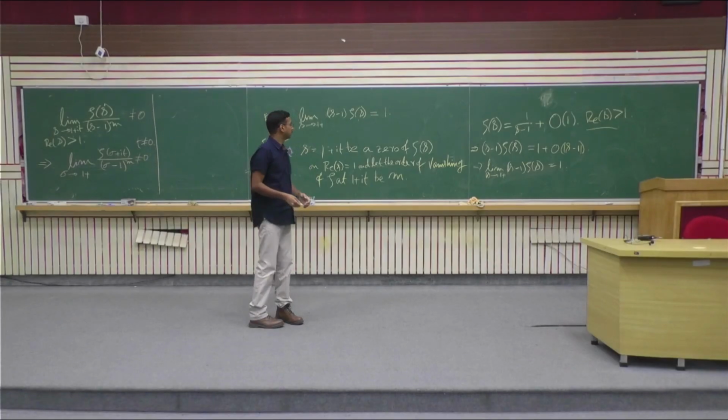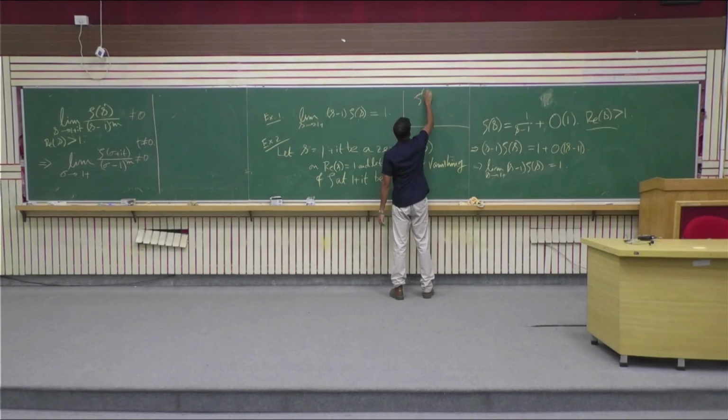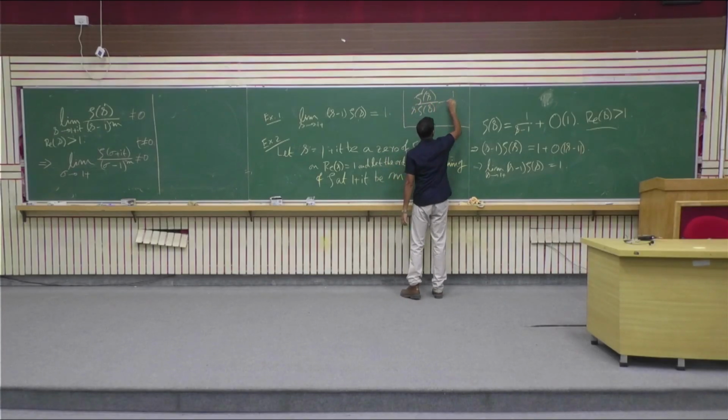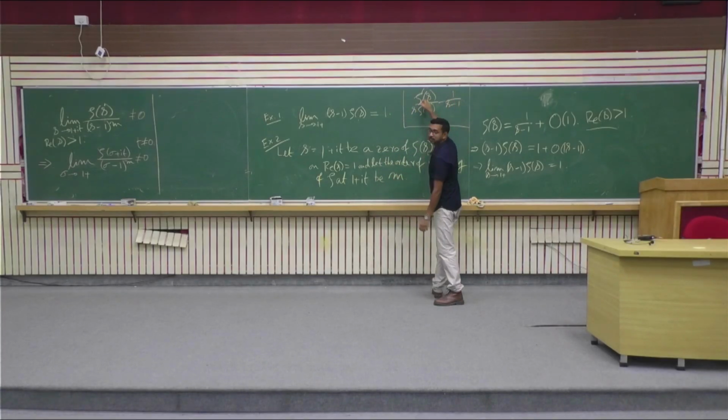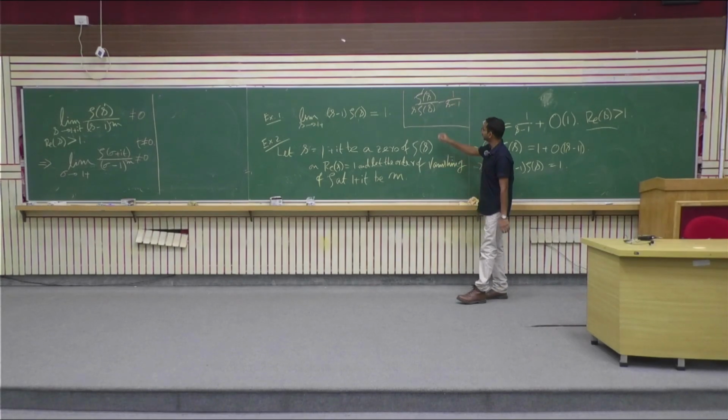The function that we considered was zeta prime s by s zeta s minus 1 by s minus 1. Since this has a pole of order 1 at s equal to 1 with residue 1, when we subtract 1 by s minus 1 from this, it does not have any poles anymore at s equal to 1.